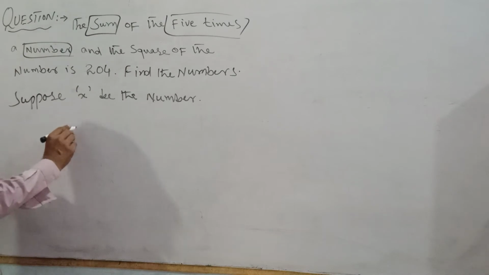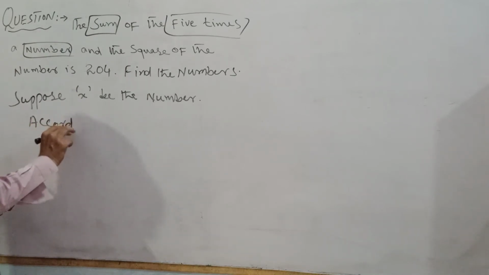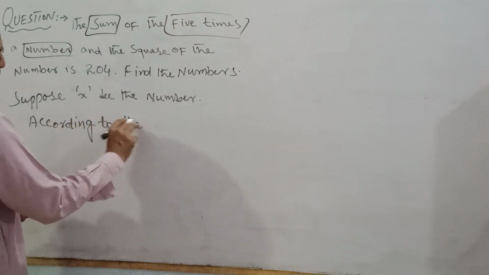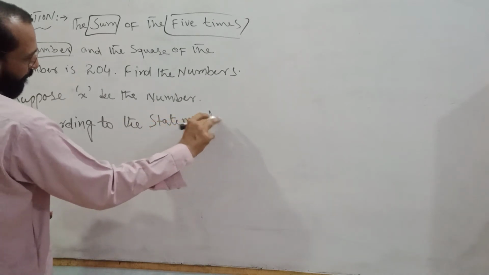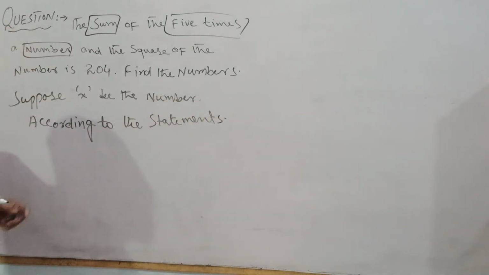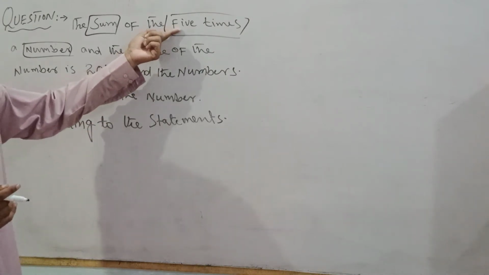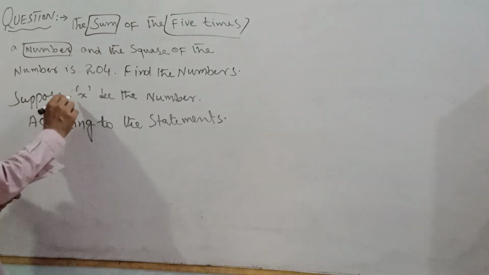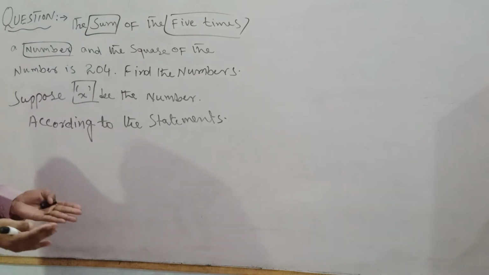According to the statement, the 5 times of the number, we suppose that this is x, which is the number we have to find.